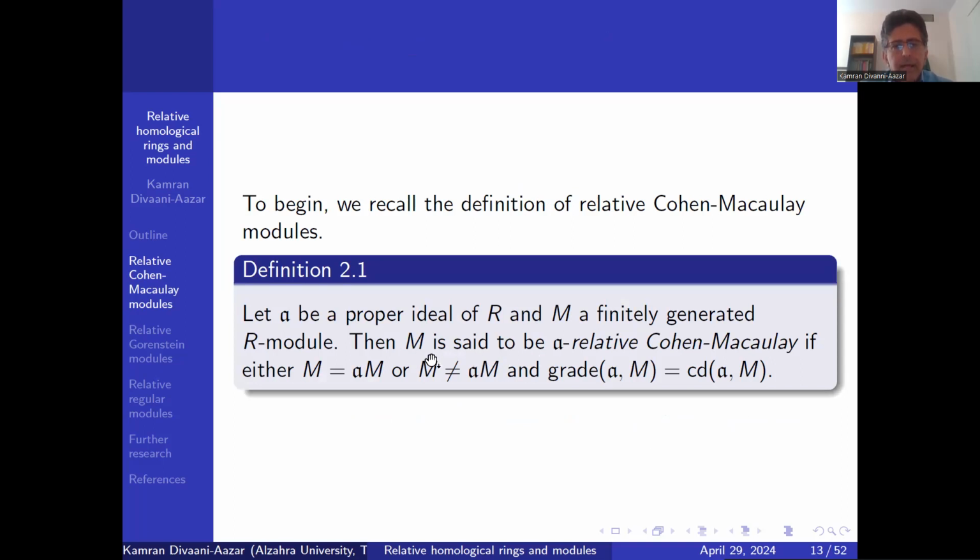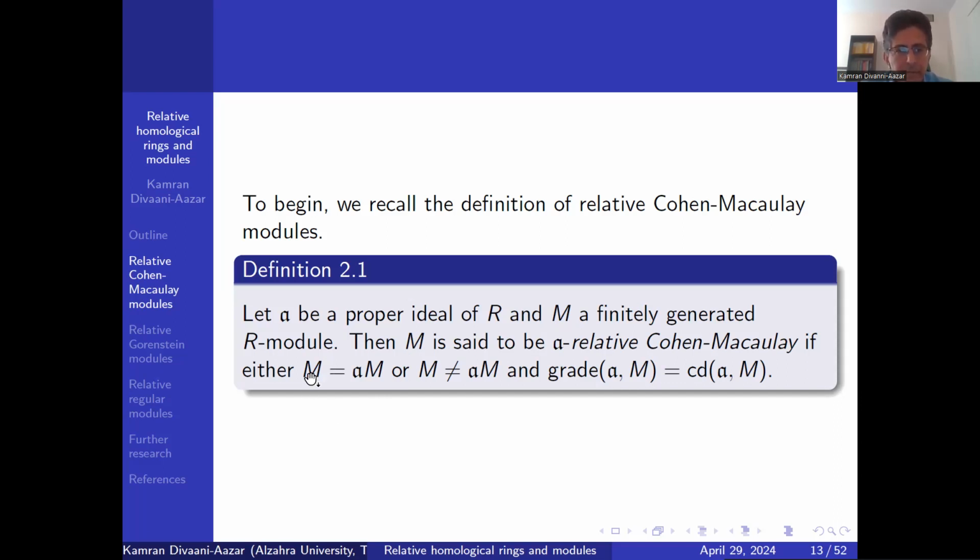Then M is said to be relative Cohen-Macaulay if either M is equal to AM, or M is not equal to AM and the grade of A and M is the cohomological dimension of A and M. So in other words, a finitely generated R-module M is relative Cohen-Macaulay if there is at most one non-zero local cohomology.